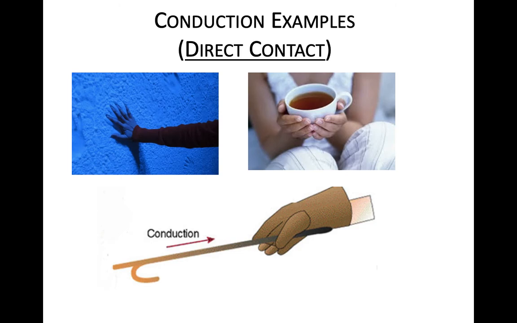We can also experience conduction through direct contact of warm things, such as holding your hand over a warm cup of tea. Thermal energy from the cup can be transferred to your hands where you will feel heat.